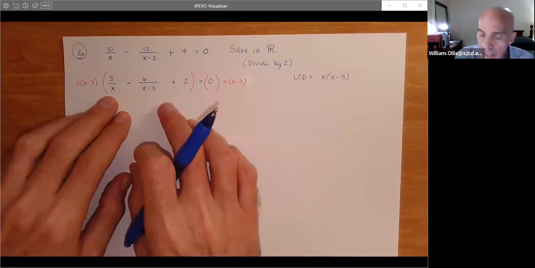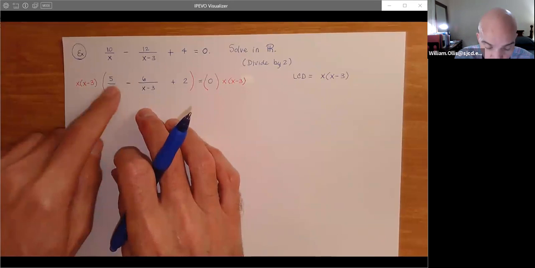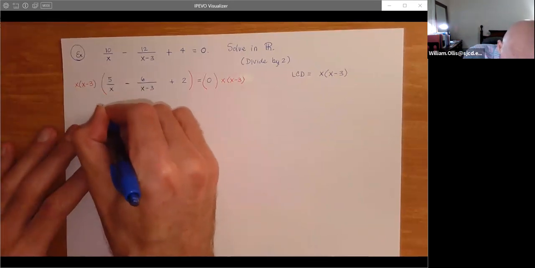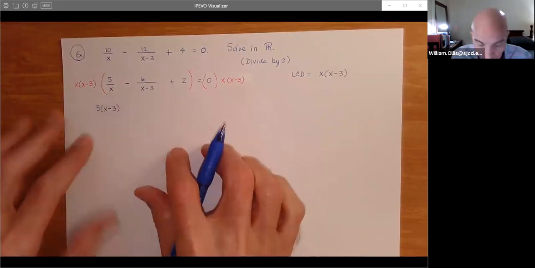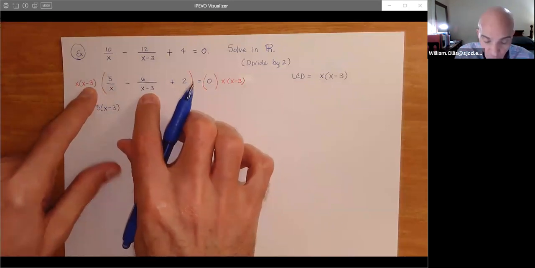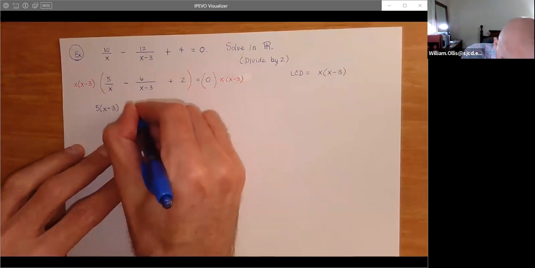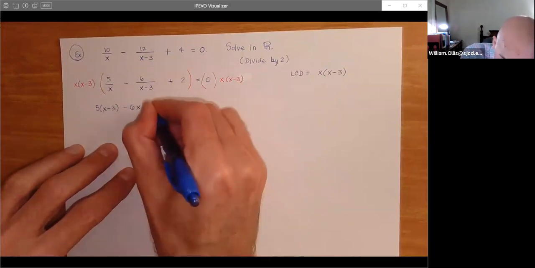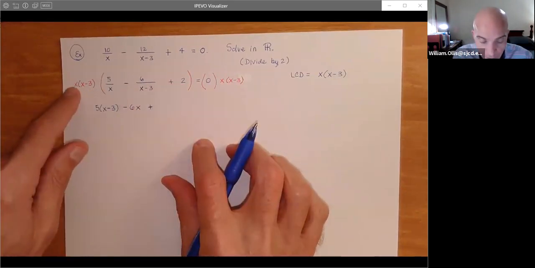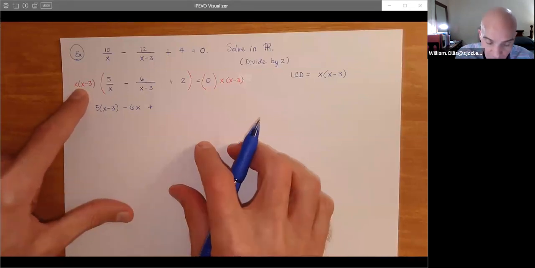Notice the x's absorb here, and we're left with a 5 times x minus 3. Now when we look at this term, the x minus 3's absorb, and we're left with a negative 6 times an x. And then for the last one, nothing absorbs. We just have a 2, and we have times x minus 3.